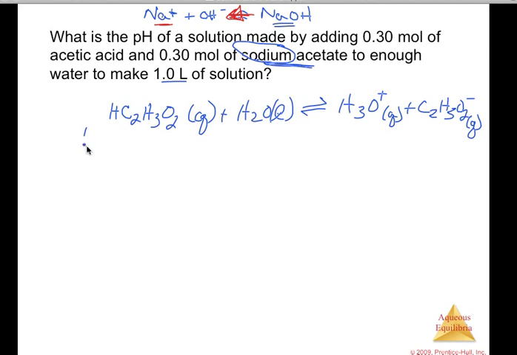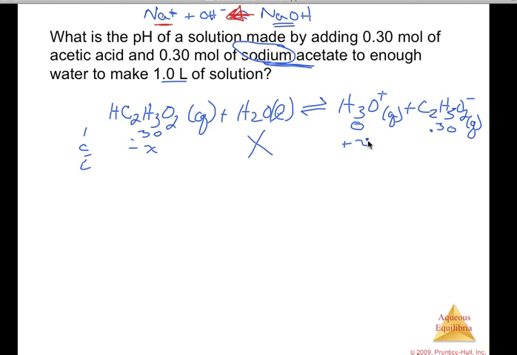If we set up an ice table, we will have 0.30 molarity. Water does not enter into the expression. The hydronium starts off as being 0, and the acetate starts off as being 0.30. Since there is no hydronium, we know that the equilibrium is going to shift to the product side.